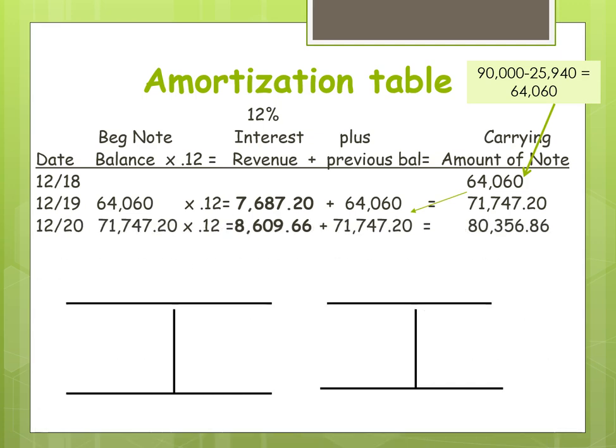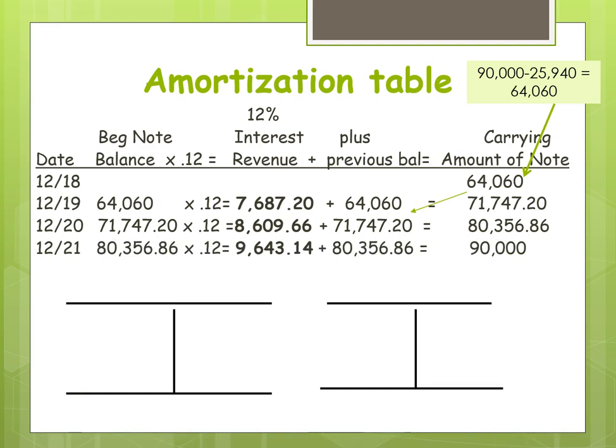So the next thing we're going to do is our next payment, and in this case the note minus the discount balance is $71,747 times 12%. That tells us how much interest we're going to amortize at the end of the year.